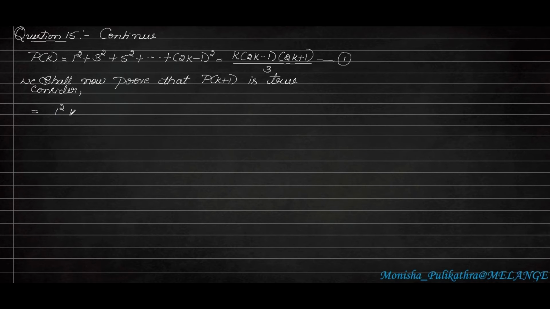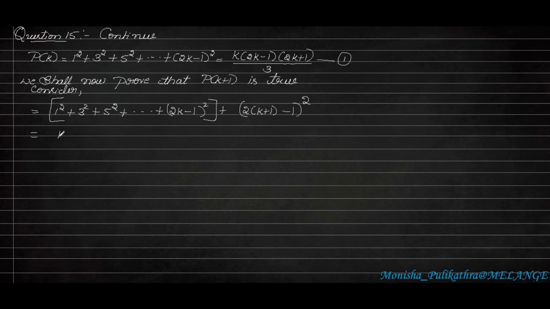So 1 square plus 3 square plus 5 square plus up to 2k minus 1 whole square. Up to here we have to arrange it as a group. So next in the place of k we have to include k plus 1, that is 2 into k plus 1 minus 1 whole square.